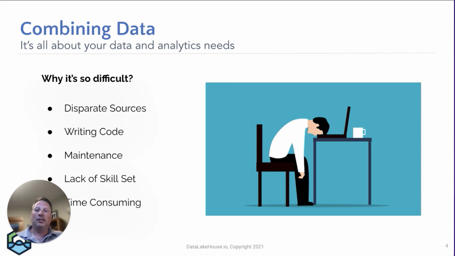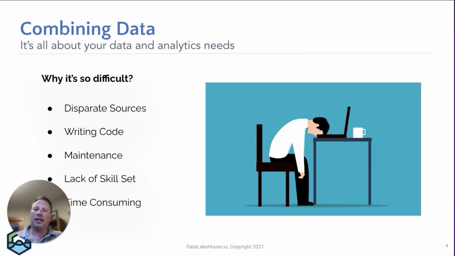In addition, someone or some people have to then potentially write some code in order to integrate those different data sources. With that code comes a lot of maintenance, but oftentimes you won't get to writing the code if you don't have the correct skill sets in order to extract the data or to make sense of the data. And at the end of the day, it all comes down to time. How much time will you take to write the code, to maintain the code, so forth and so on.